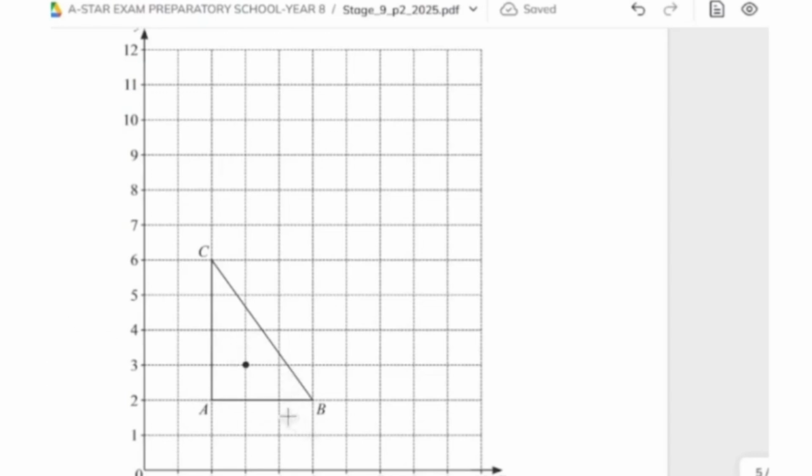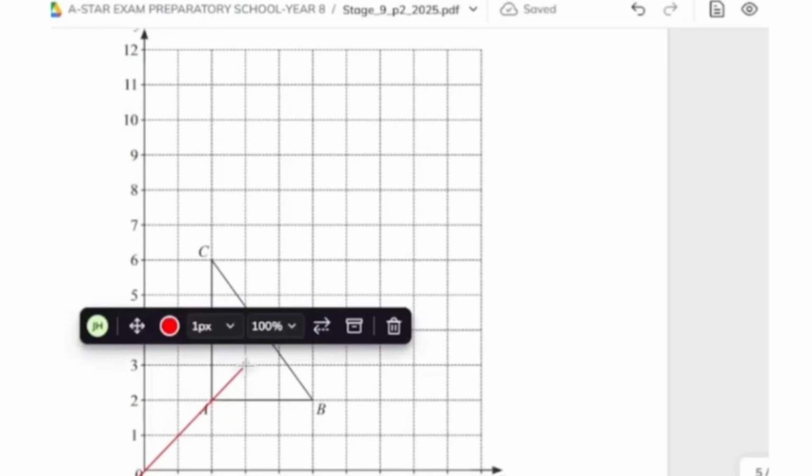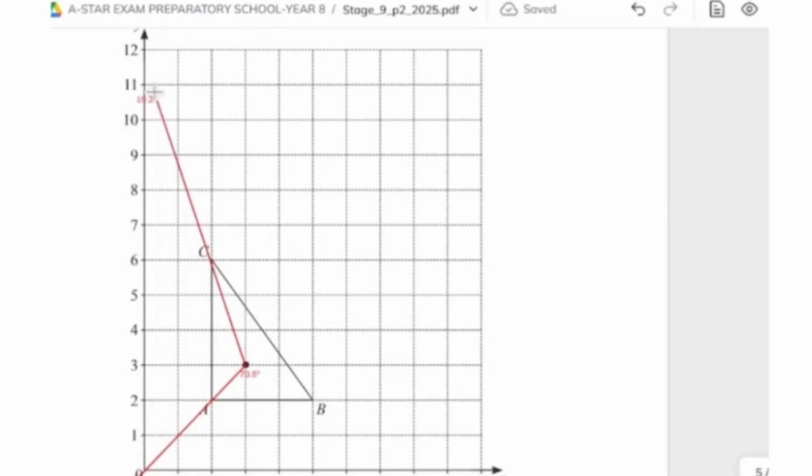Okay, so this is what we'll do. We're going to connect the center to each of the vertices. So from here, I draw it out. Good. Then from the center of enlargement, I project also passing through this.